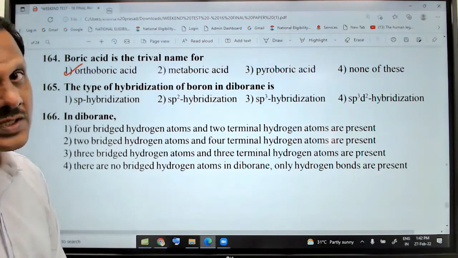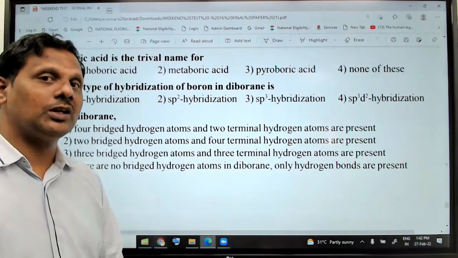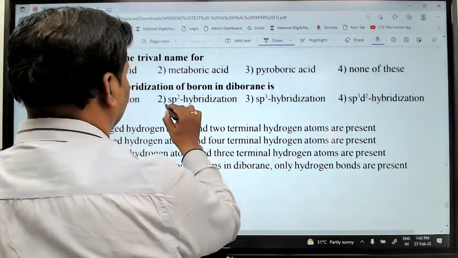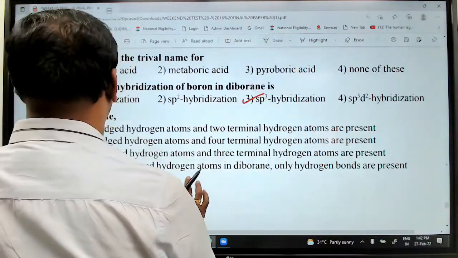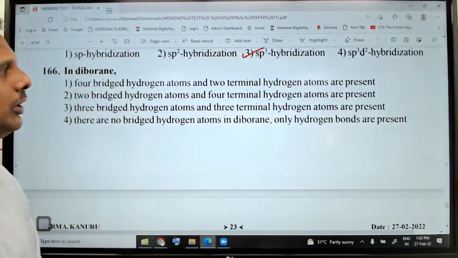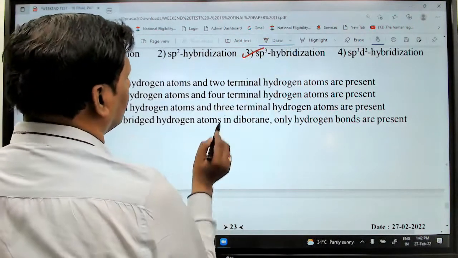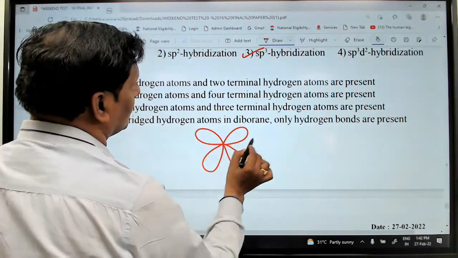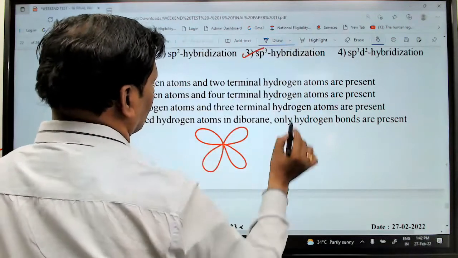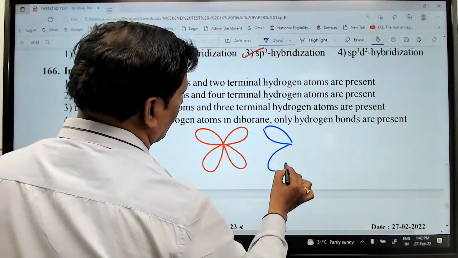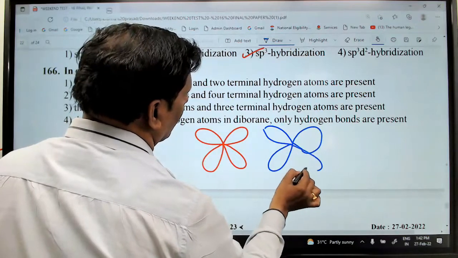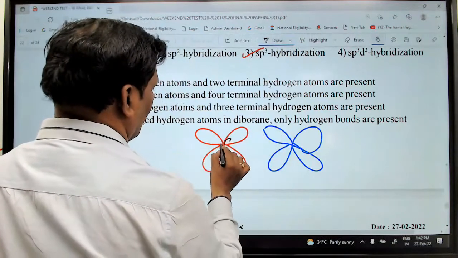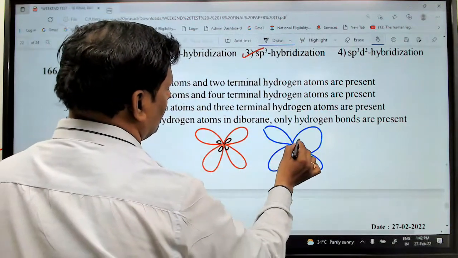We discussed it, each boron produces 4 sp3 orbitals, it is very simple. In diborane, each boron has 4 sp3, and the other boron also has 4. There is a symbol for hybridization.